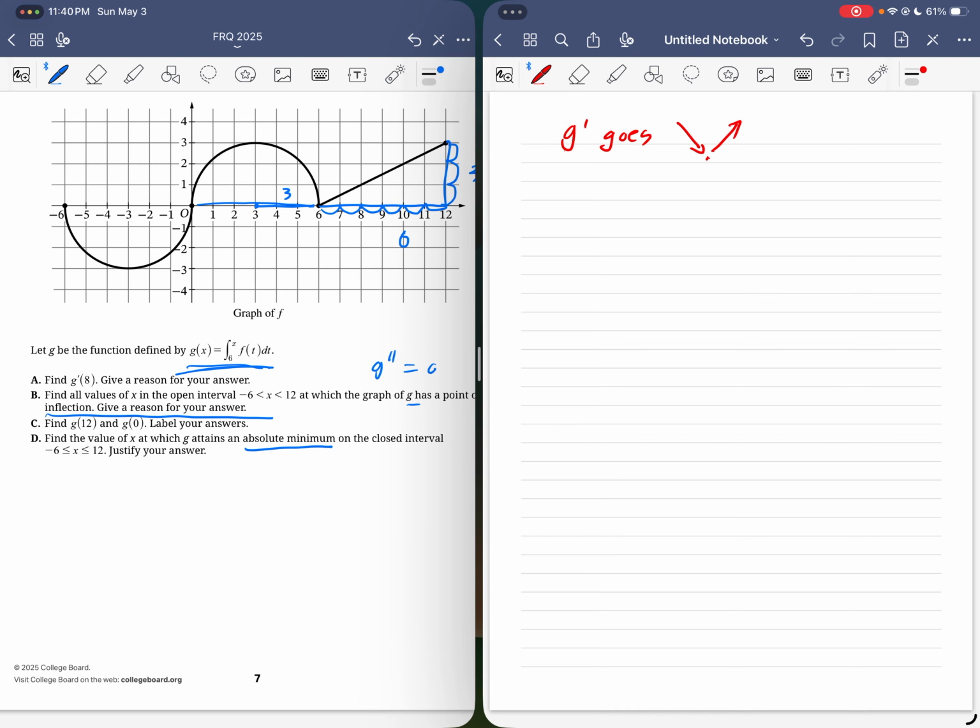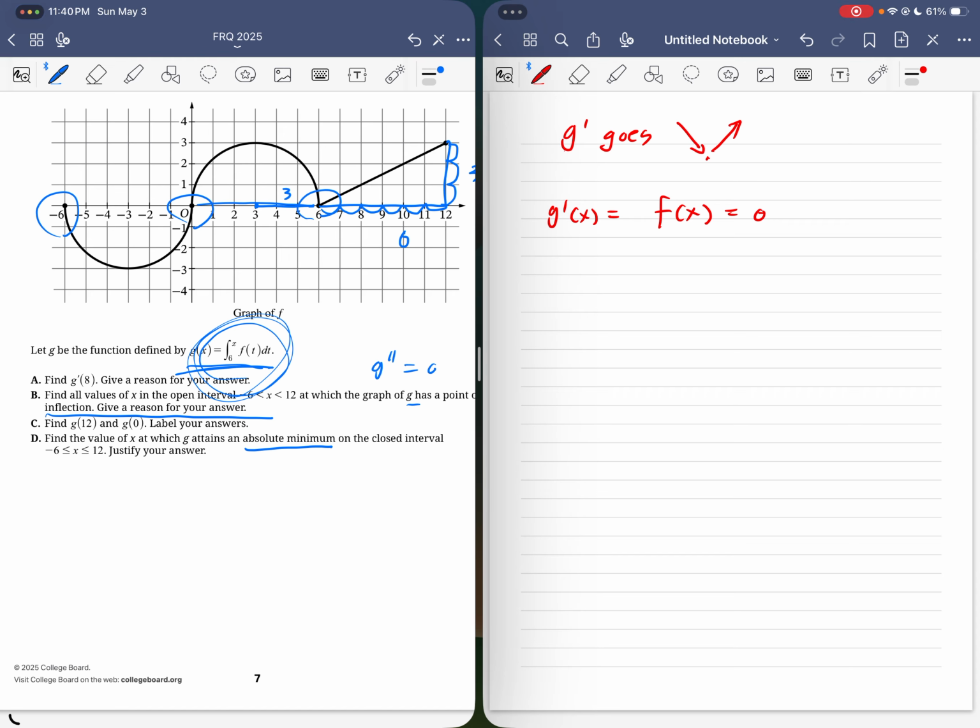So let's do this. G prime of x is equal to, you just take a derivative of this, which is f of x. And when they are equal to 0. So, let's see.